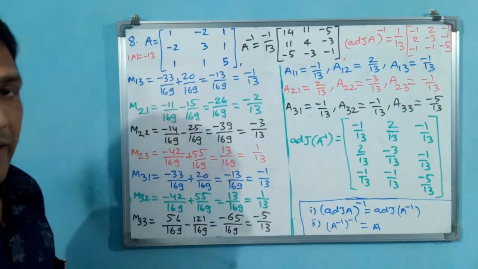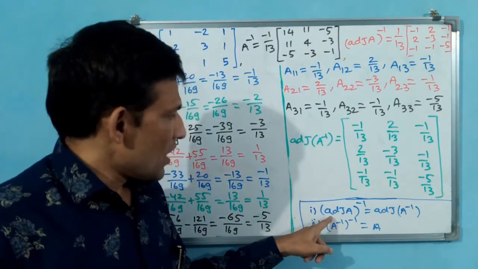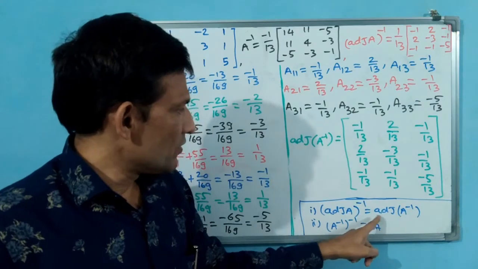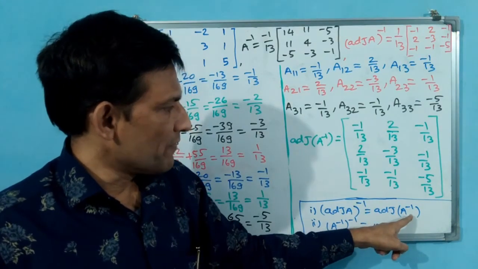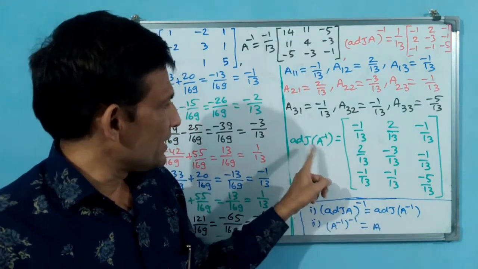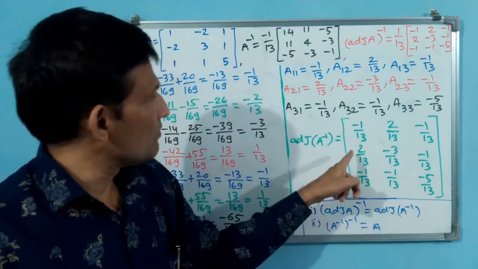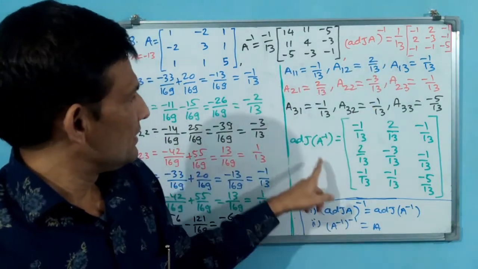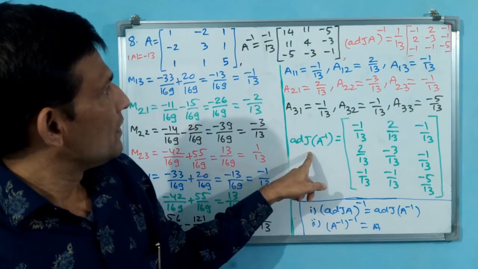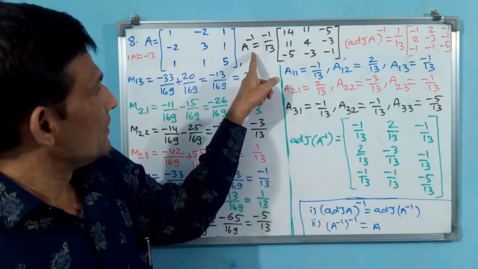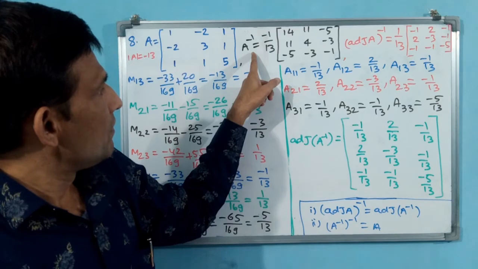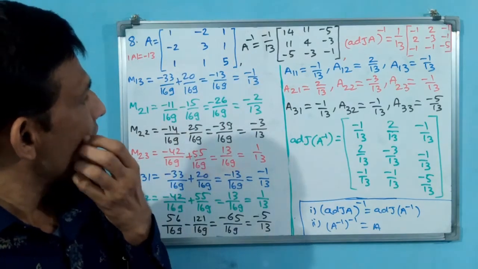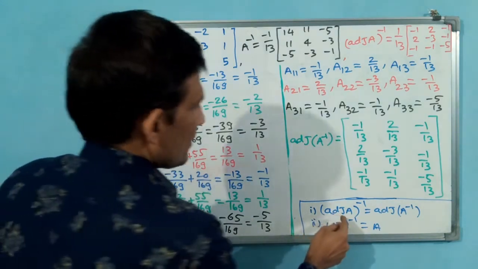Now, what they asked us to prove is adjoint A inverse equals adjoint A whole inverse.